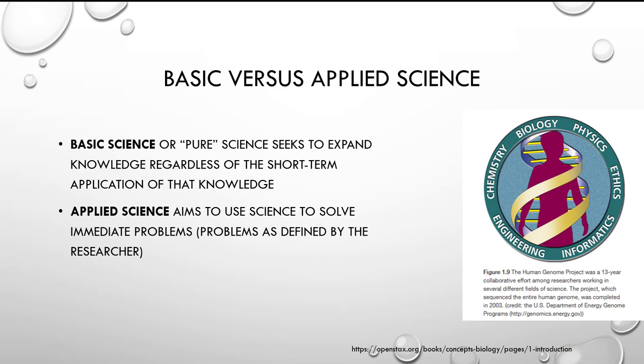Okay. So now let's take a look at basic science versus applied science. Basic science is pure science. Pure science seeks to expand on knowledge regardless of the short-term application of that knowledge.